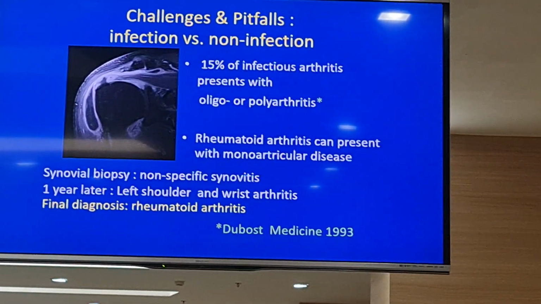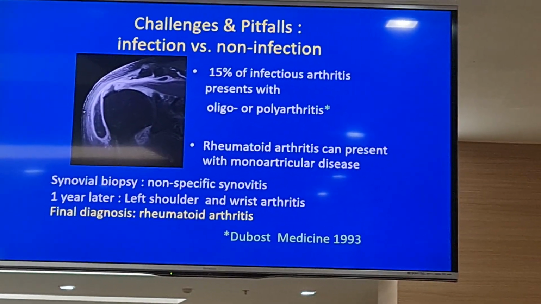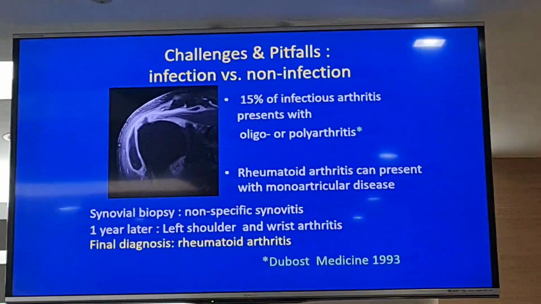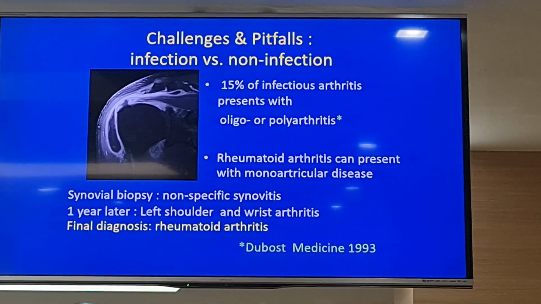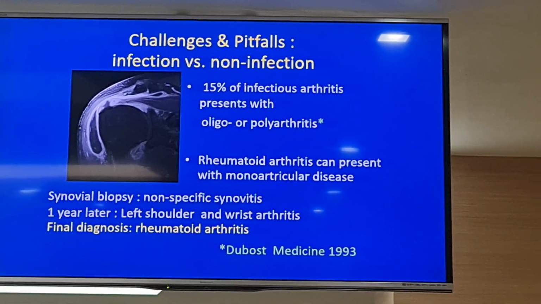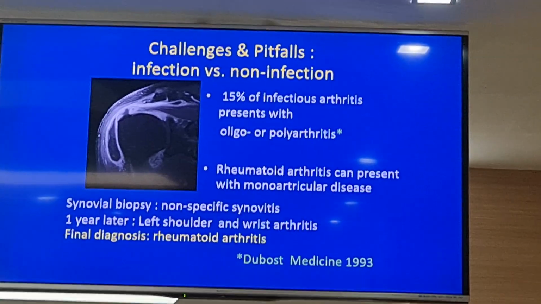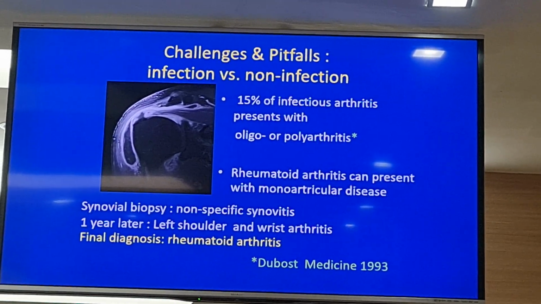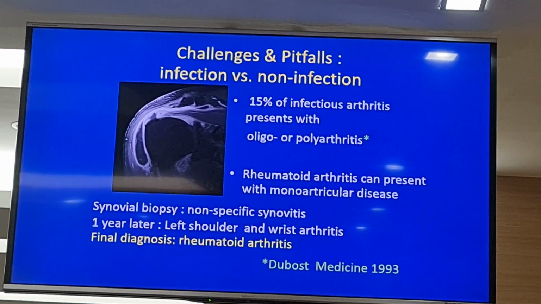But after we treated and followed up the patient for a while, it turned out that the patient had another shoulder pain and also wrist pain. So the final diagnosis turned out to be rheumatoid arthritis, and it fit clinically.